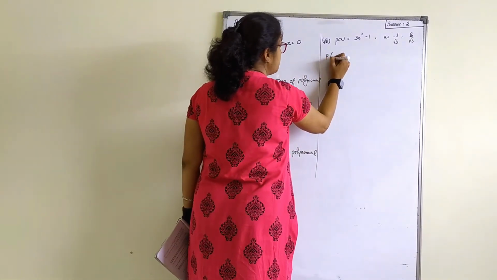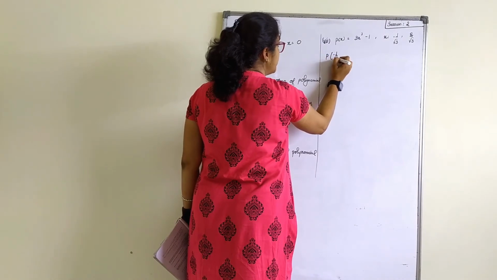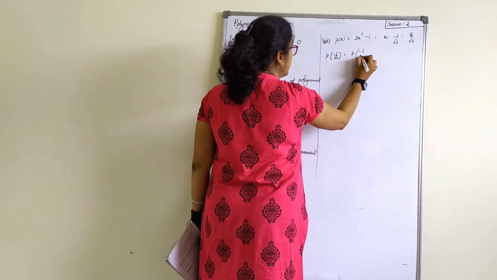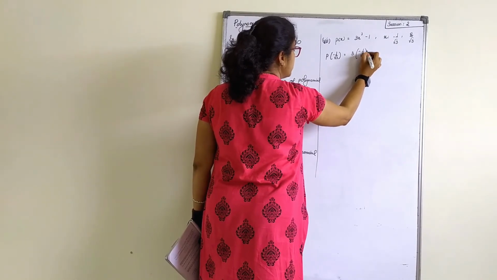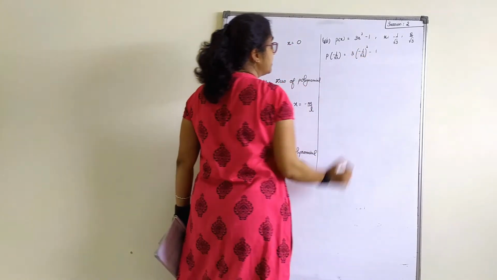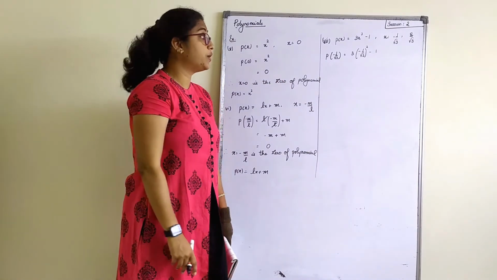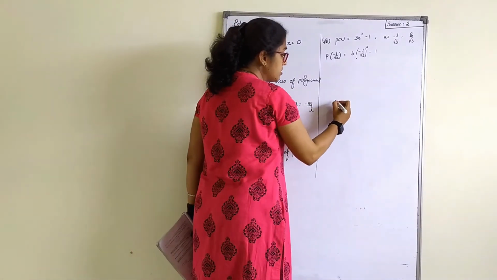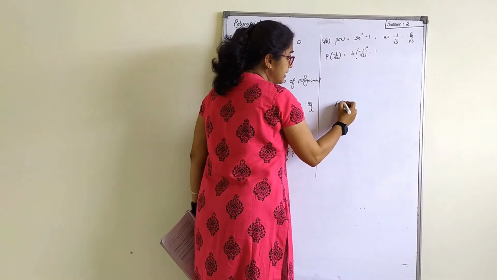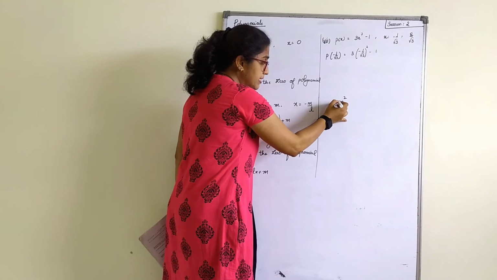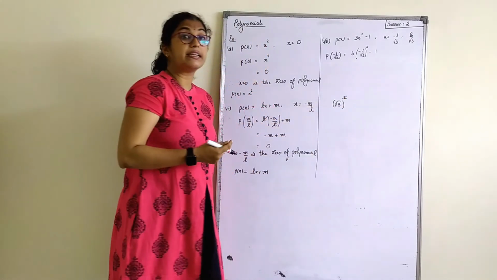So I will write p of minus 1 by root 3 is equal to 3 into minus 1 by root 3 whole square minus 1. So when root 3 comes, you should know what you have to do here. Now see here, root 3 square, or any number if you square, the root and the square will get cancelled.